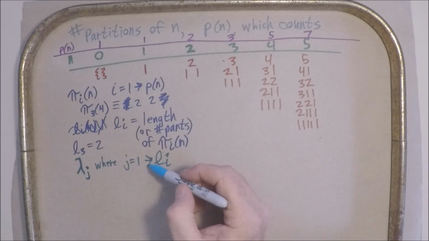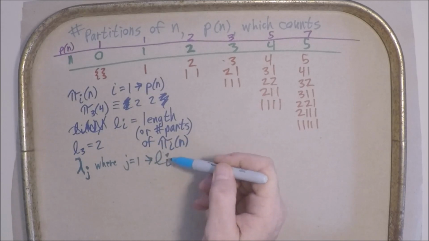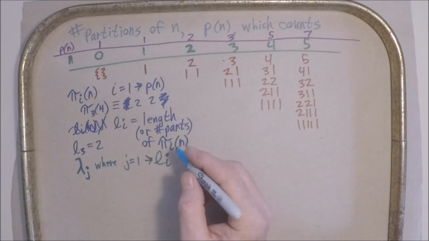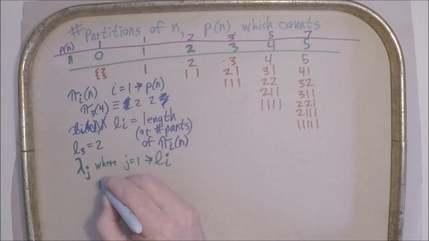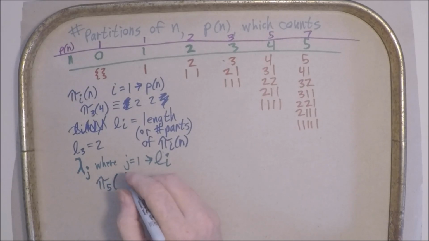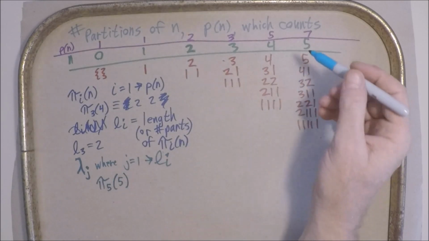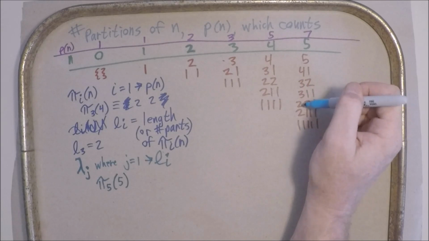So we have one part for each of the number of parts. And that's pretty much it. So pi of 5, let's say, is going to be 1, 2, 3, 4, 5.